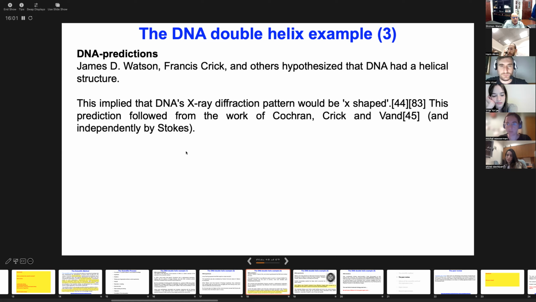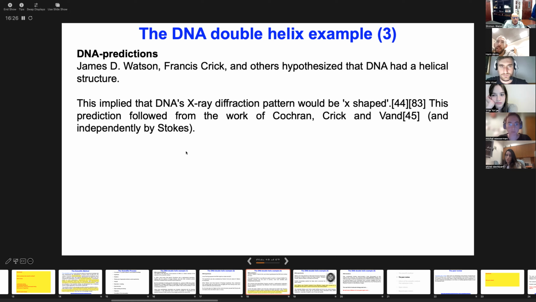And based on the hypothesis that DNA is a double helix, they've done mathematical calculation predicting that the diffraction pattern of a double helix in a crystal should have something that looks like X-shaped on the photographic plates. If it's not X, it will be a different structure. But if it's X, that indicates that it's a double helix.